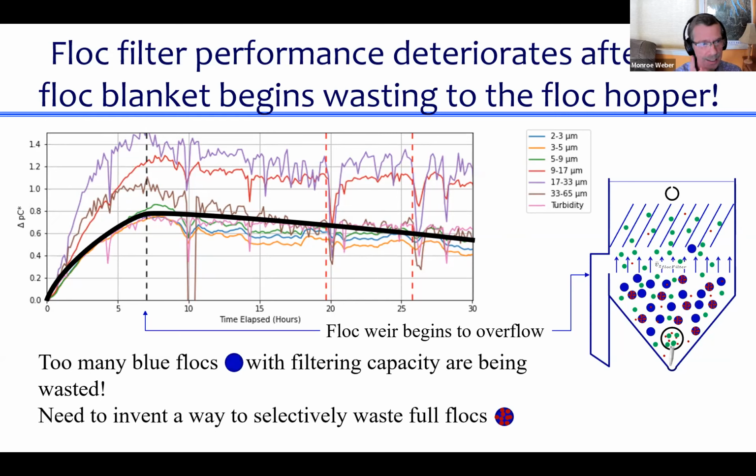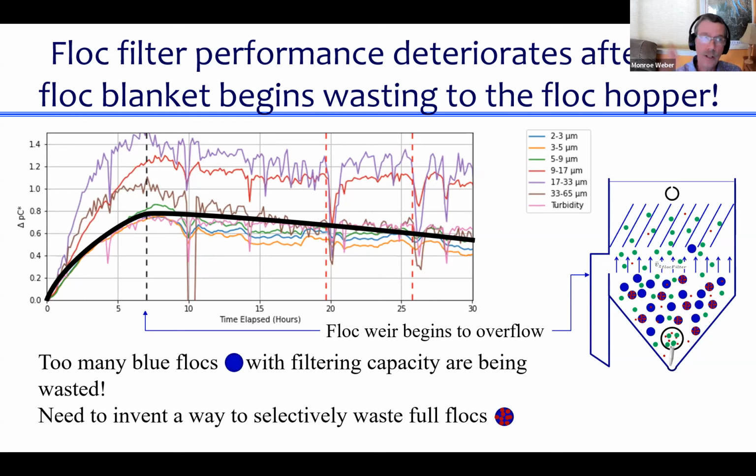But remember what the flocculator does. The flocculator can take a suspension of particles and it creates collisions, and it runs into problems when the space between the small particles is large. It has no problem at all making lots of collisions when the space between the particles is small.